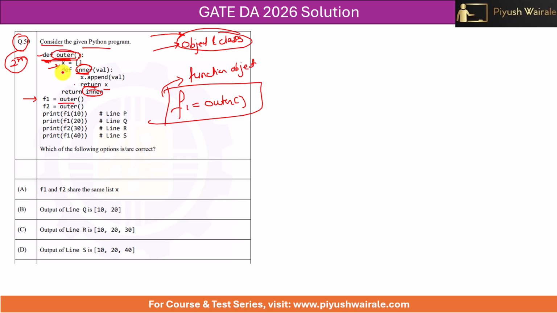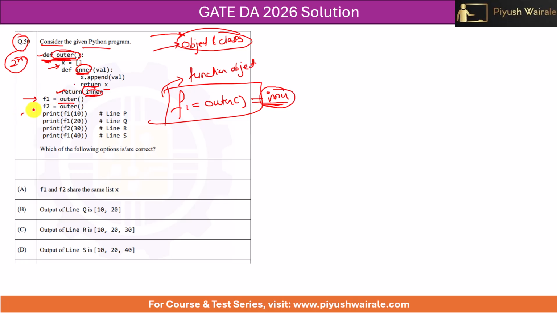And here we have an inner function, but we don't call it, right? So it is going to return what? This one, return inner. The output of f1 equals to outer is basically the inner function here. It means whenever we are going to call f1 here, the inner function is going to get executed.